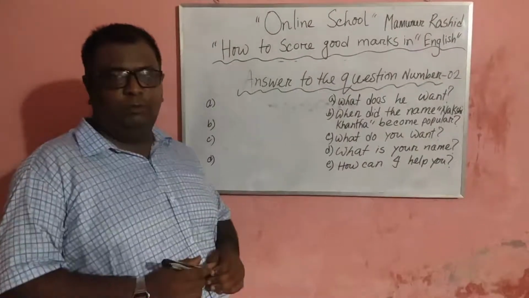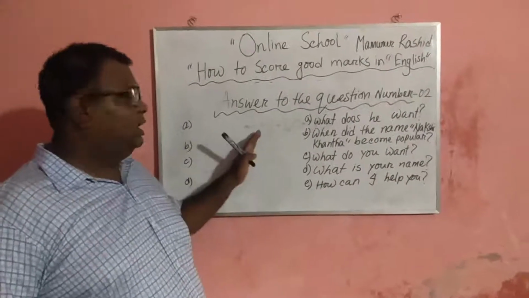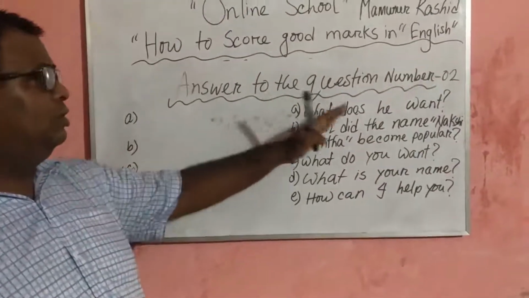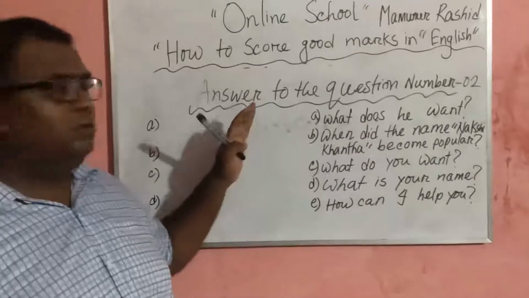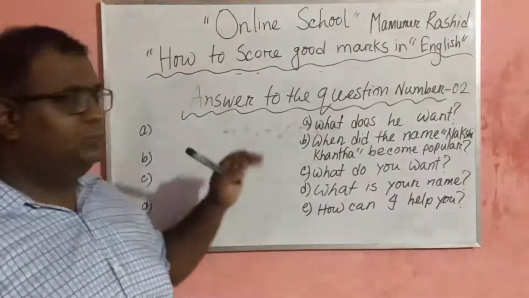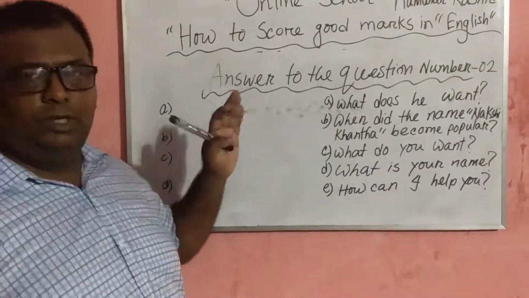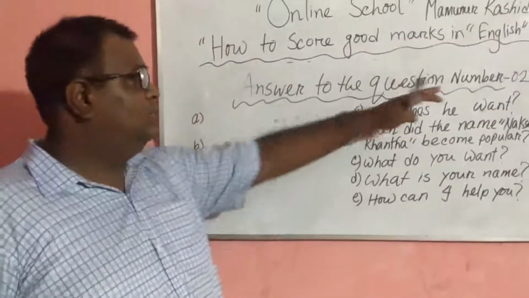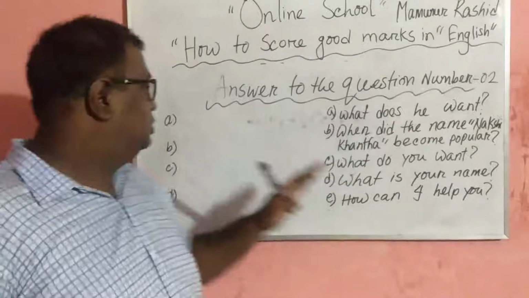Okay, my dear student, now I am going to show you how you start your question number 2. You know, in the J.S.C exam, we have 4 short questions in question number 2.